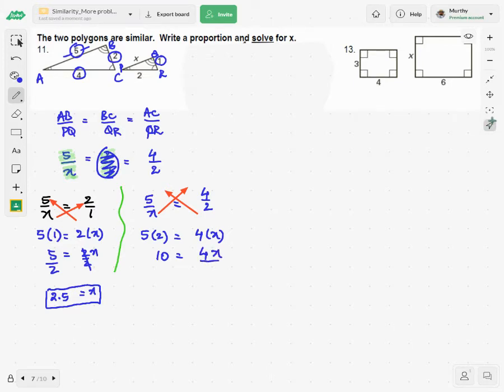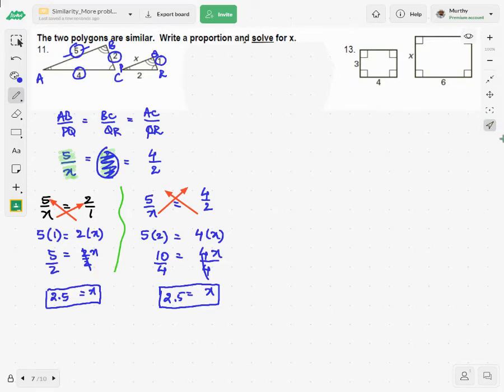You know how to isolate x. In order to eliminate 4, we go for the inverse operation. 4 times x, the opposite is division. So 10 over 4, make use of a calculator, you get 2.5. Therefore, whichever fraction is to be taken, yes, you can take either of them to get the answer.